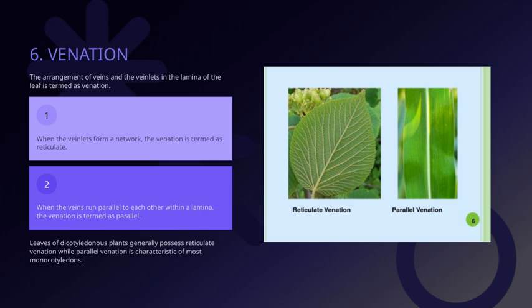Conversely, when the veinlets form a network, creating a web-like pattern, that's known as reticulate venation. And to clarify, the overall arrangement of these veins and veinlets in the leaf lamina is what we refer to as venation. Understanding these patterns helps us identify and differentiate between different types of plants, which ties into the broader theme of plant structure and classification.